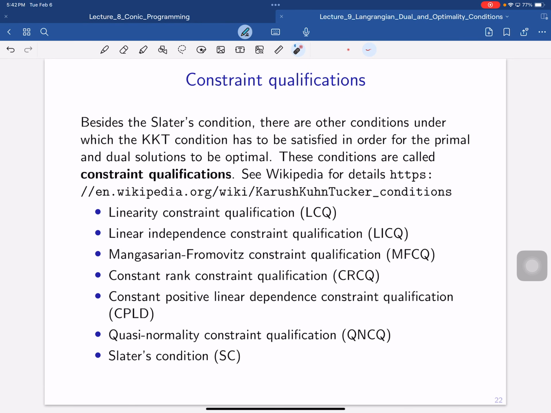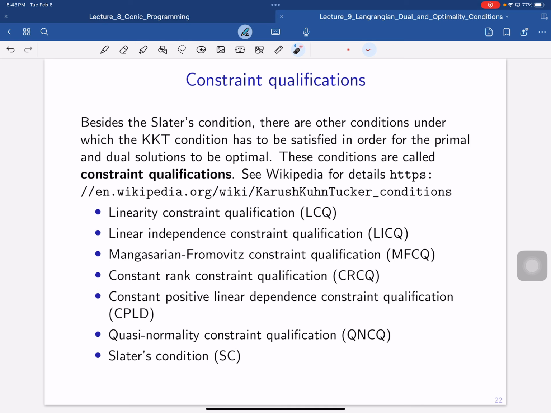I want to talk about this real quick because if you are in this domain, when you read the literature, a lot of papers will talk about constraint qualification. It may confuse you a little bit. Recall that we said when we have Slater's condition and the problem is convex, we have a 0 duality gap. That's why the KKT conditions have to be satisfied if you have Slater's condition.